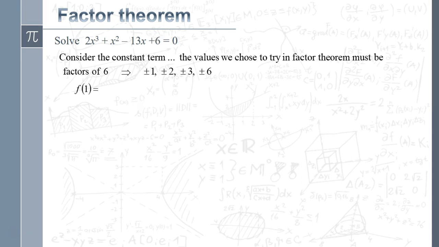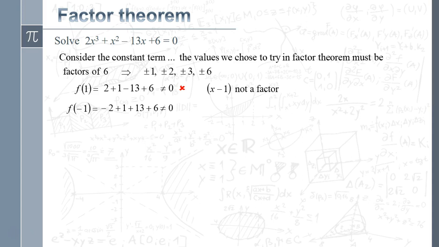So off we go, let's try ±1 to begin with. Put in the 1 and we end up with that, so that's 2 times 1 cubed plus 1 squared minus 13 times 1 plus 6. Turns out that doesn't equal 0 at all, so that one's no good. So that means x minus 1 is not a factor. So let's try it with f of -1, see if that works better for us.